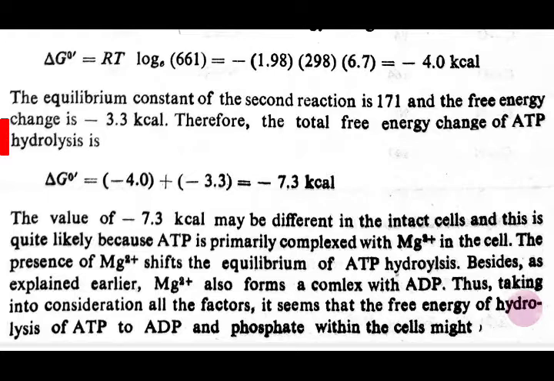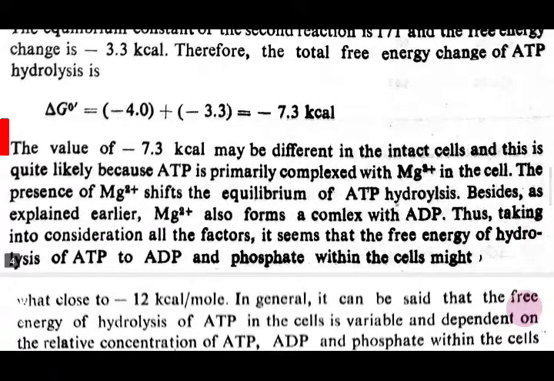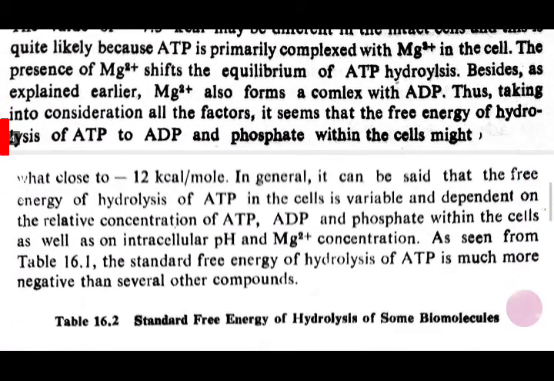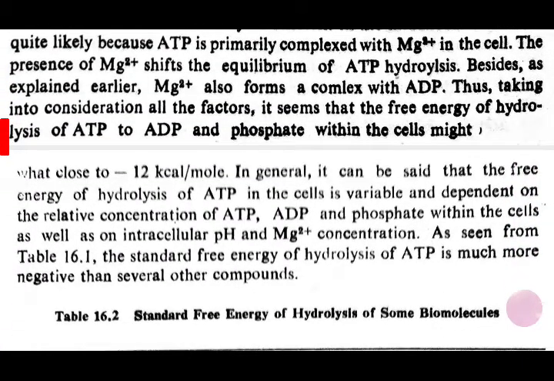The presence of magnesium ion shifts the equilibrium of ATP hydrolysis. Besides, magnesium ion also forms a complex with ADP. Thus, taking into consideration all these factors, it seems that the free energy of hydrolysis of ATP to ADP and phosphate within the cells might be close to minus 12 kilocalories.